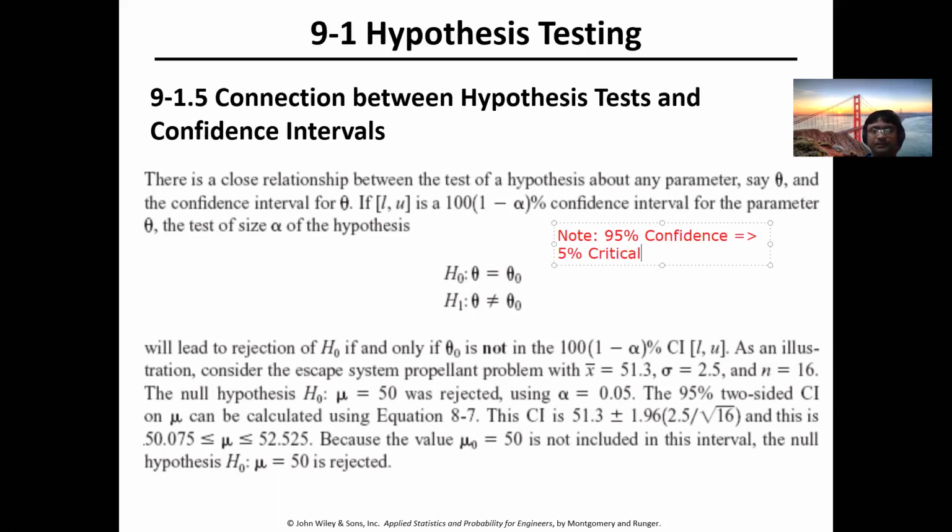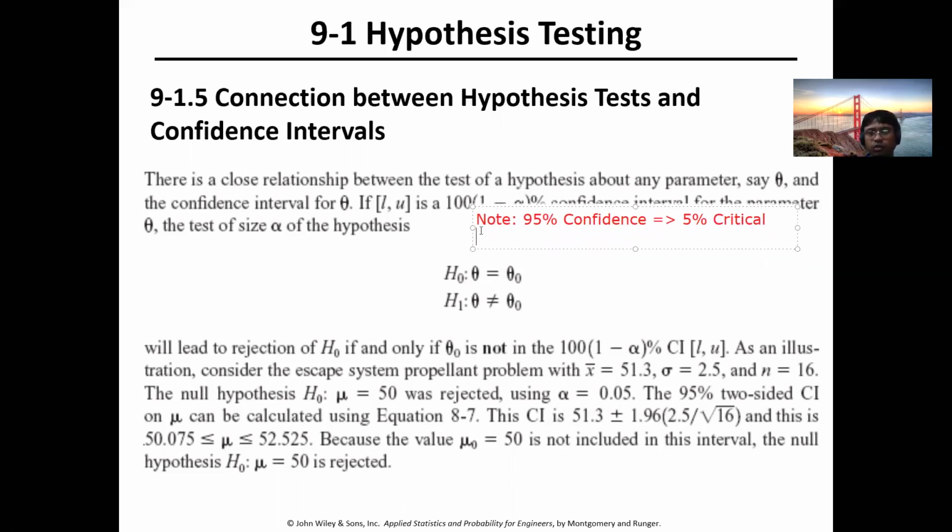Similarly, note number 2: a 99% confidence level implies 1% critical.